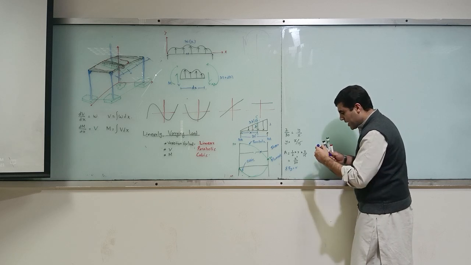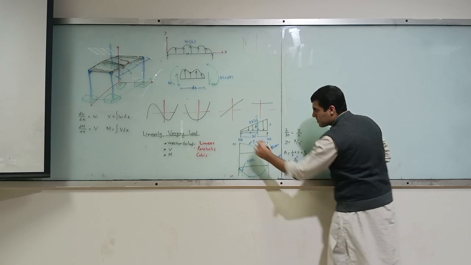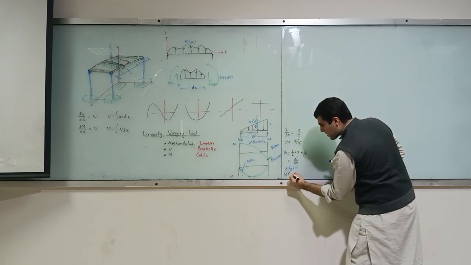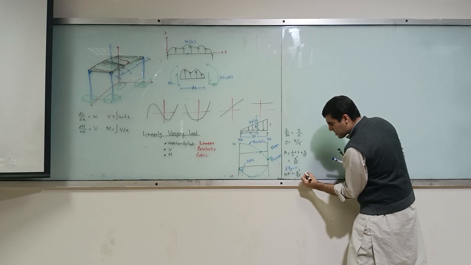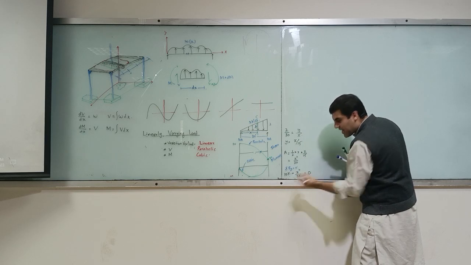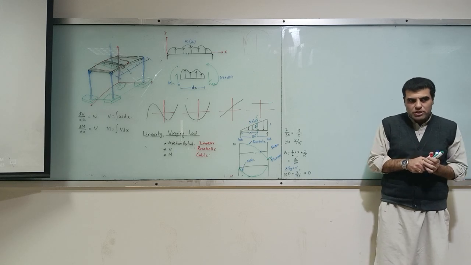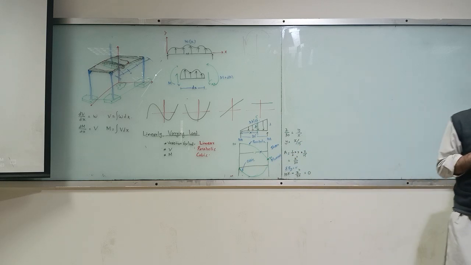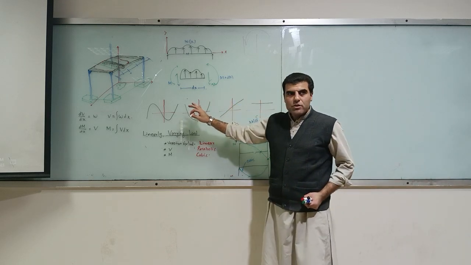So I will have 10 kip minus x square by 30, this area. 10 kip minus x square by 30 must be equal to 0. And from here I can find out my x. So that's why I call it that we have to go through first principles to find it out.